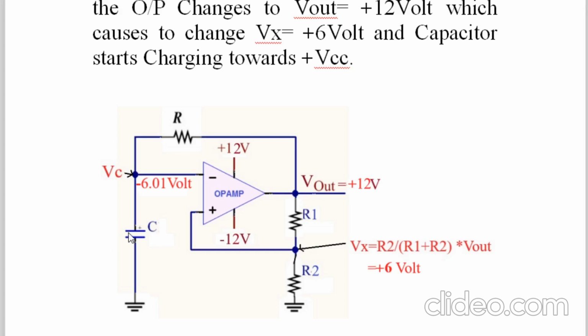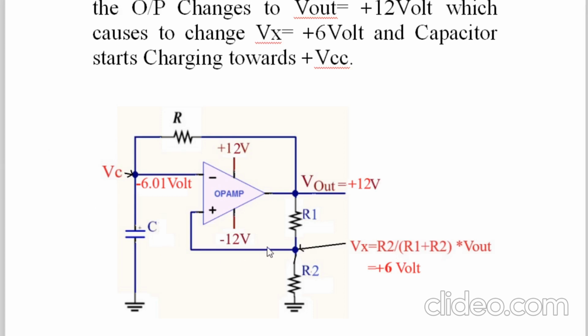And vice versa, if this is 12 volt only but the resistor is a few ohm and the capacitor is in microfarad, very small, then the capacitor will get charged very fast and go to the +6 volt level very fast, and also to the -6 volt level very fast, because charging and discharging of this capacitor take place through the same resistor R. Therefore, you can understand the logic.